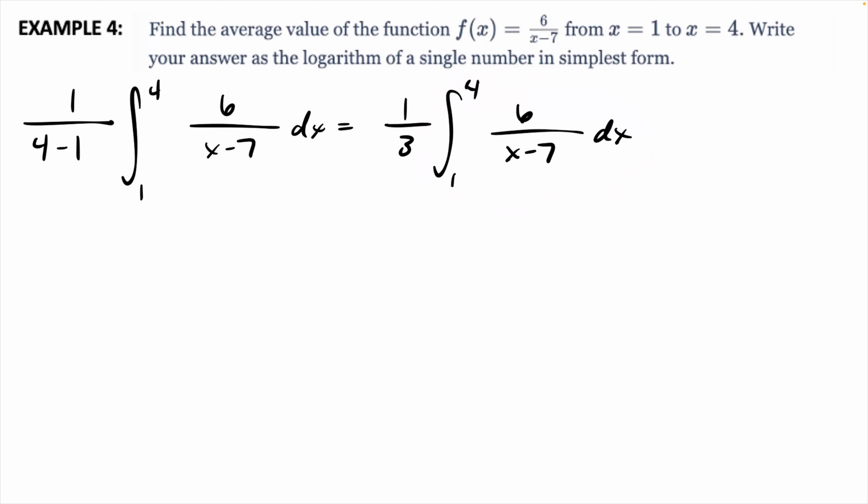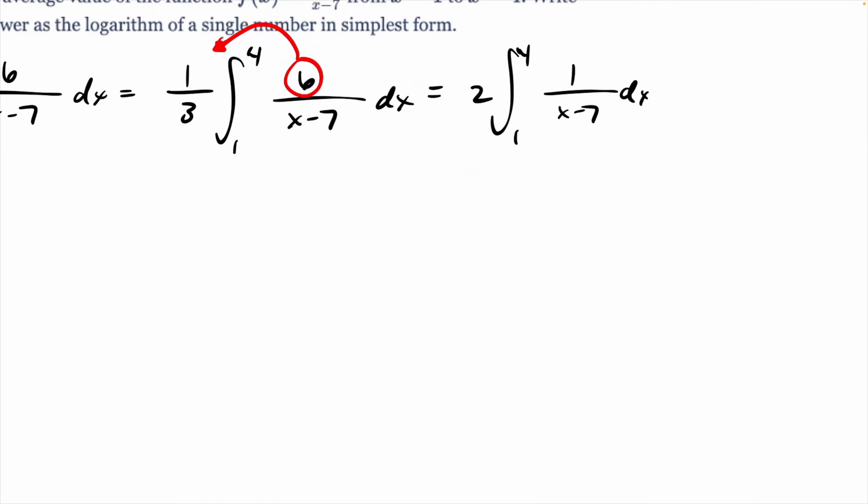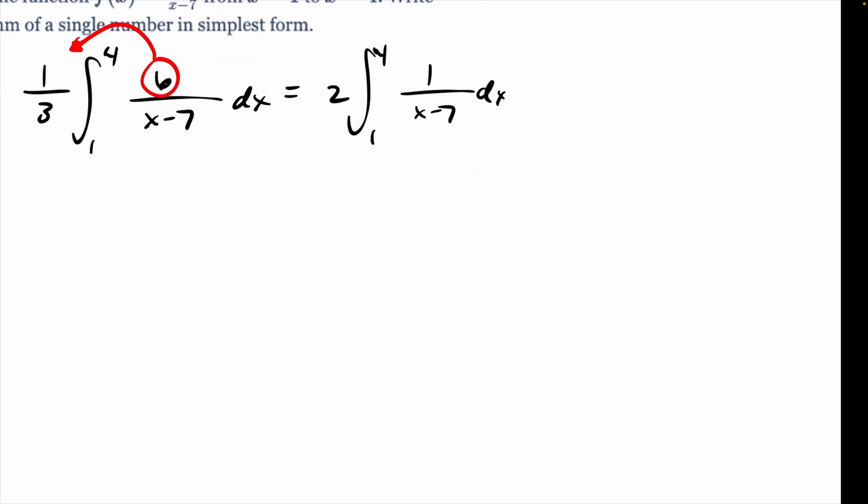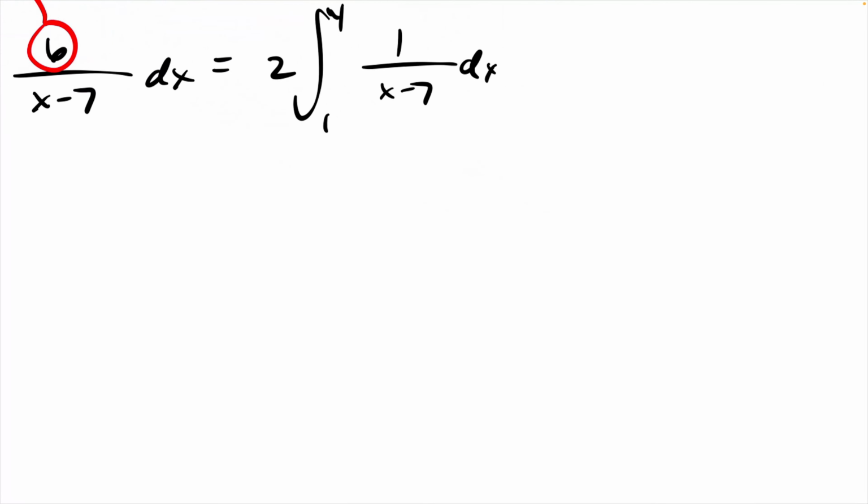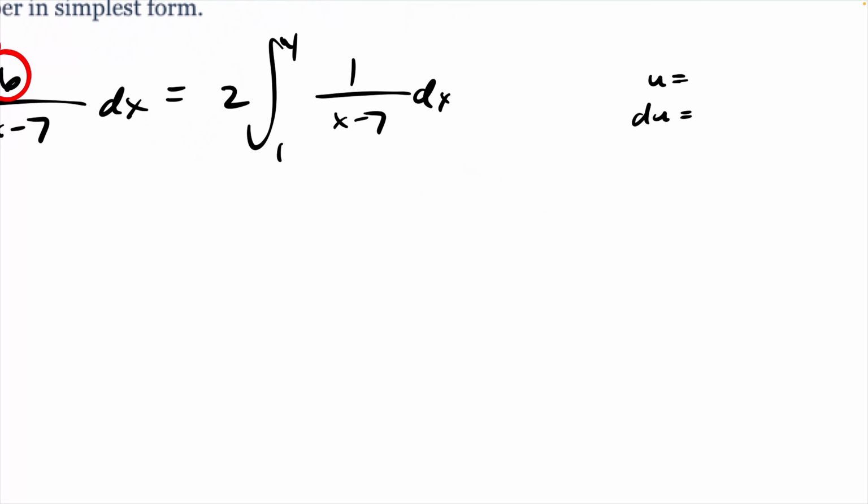Okay. Well, the 6, you can actually move the 6 to the front. So 6 divided by 3 would be 2, right? So it would be 2. So what would U be on this one?